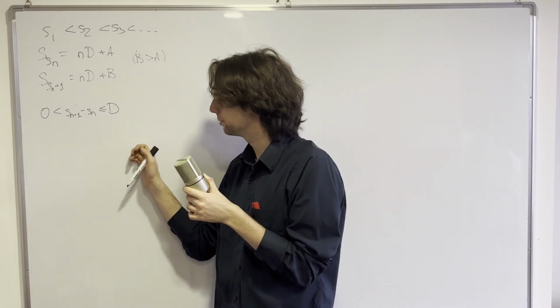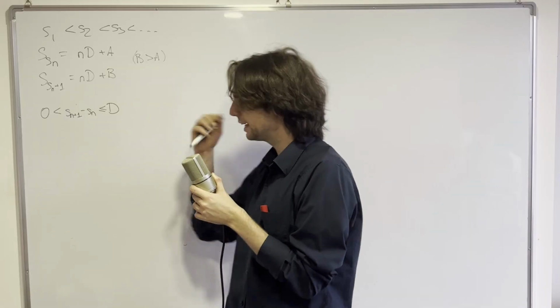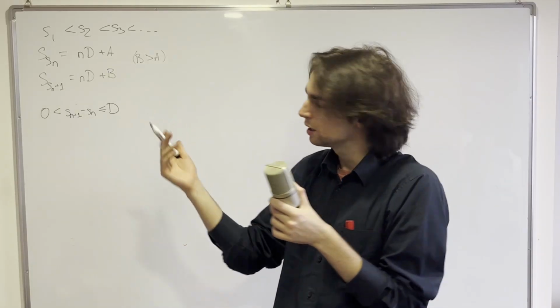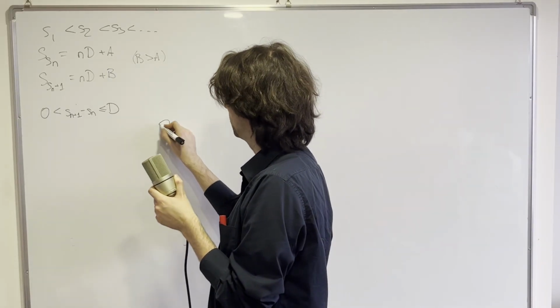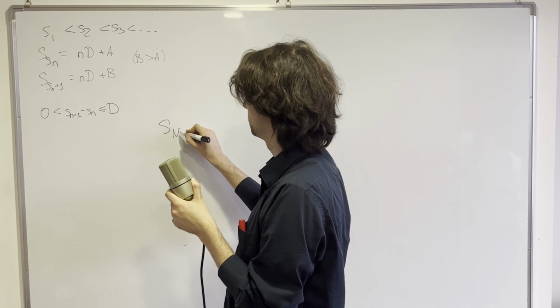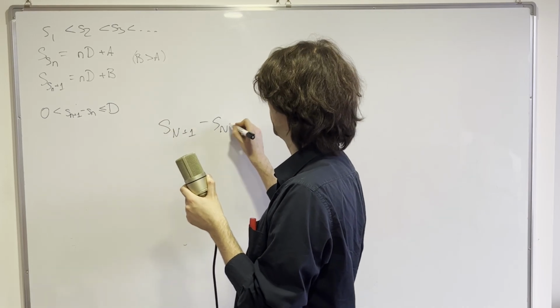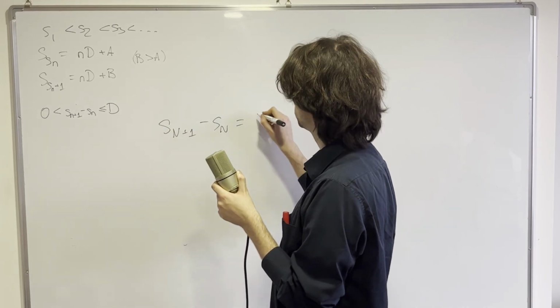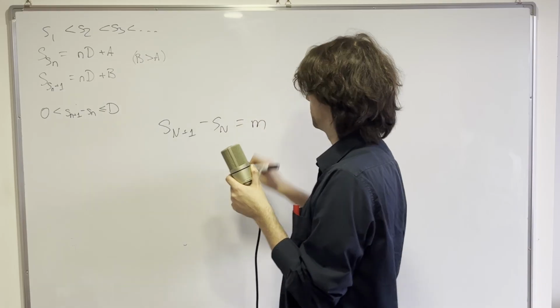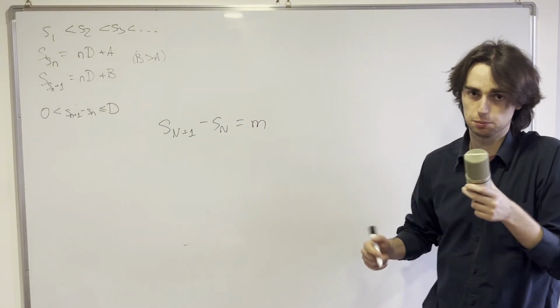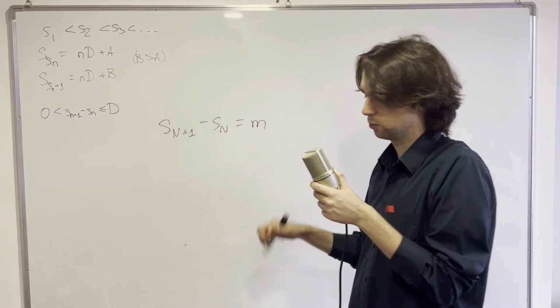So what do we have here? Okay, so let's take some small distances. Let's see what happens when, say, S of n plus 1 minus Sn is equal to some m, which is the smallest distance possible. So what did we look at then?